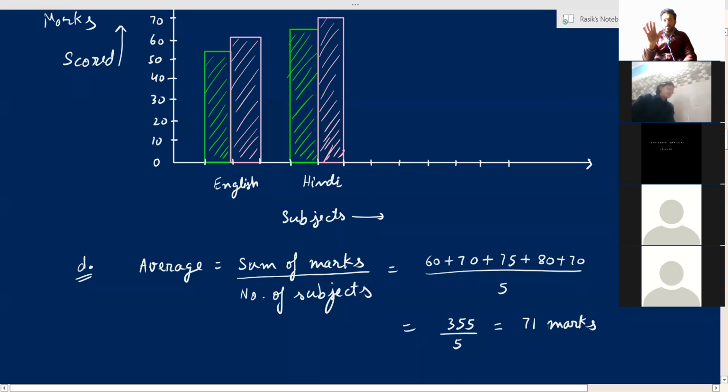I am not asking you the question from the book. I am asking you a question from my side. Look at the graph and tell me how many students were absent on Friday. Sir, 20. Yes, 20 students were absent on Friday, not Tuesday. बेटा मैं Friday पूछ रहा हूँ आपसे. Okay.